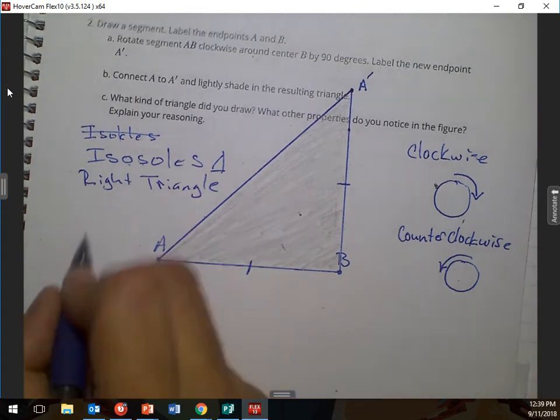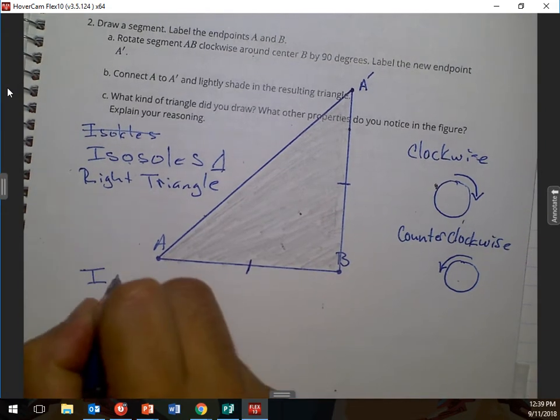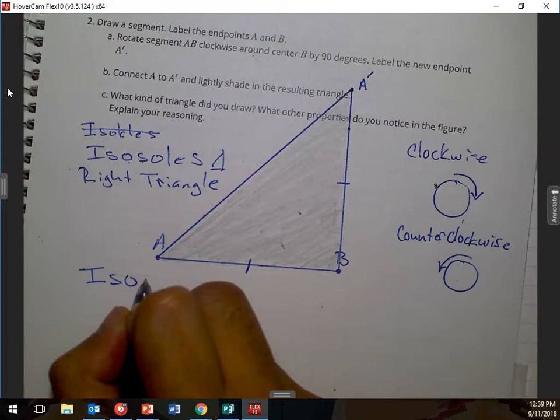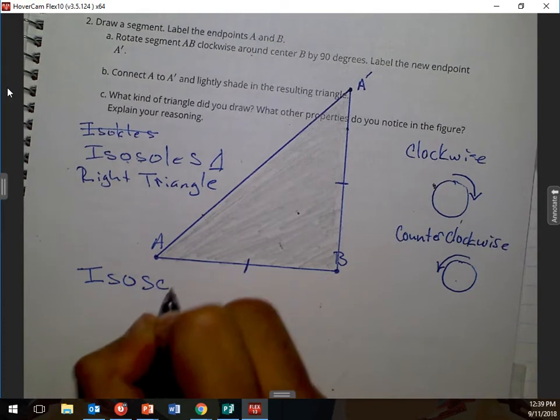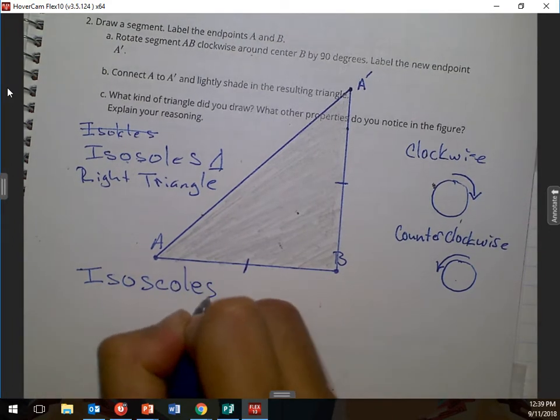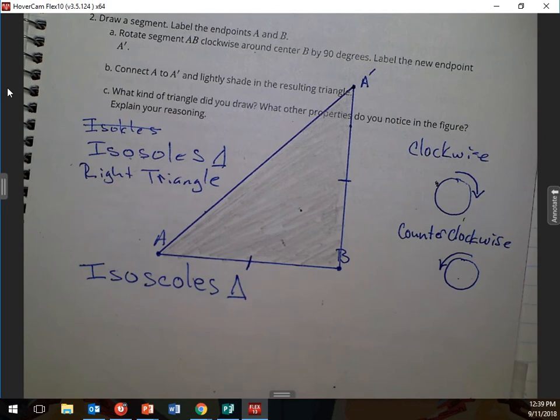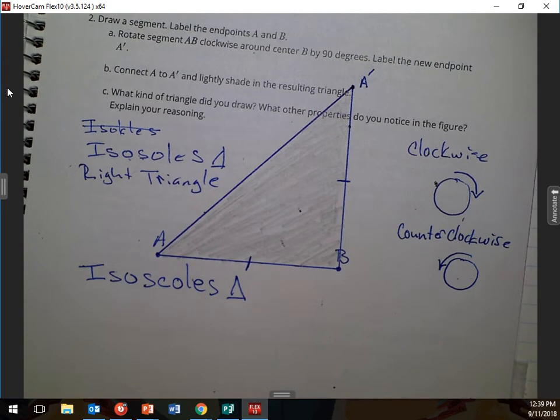So you're saying it's supposed to be ISO-SCELES. That's how you spell isosceles? It doesn't look like isosceles. Okay, either way. All right. Welcome to English language 101. None of us can understand.